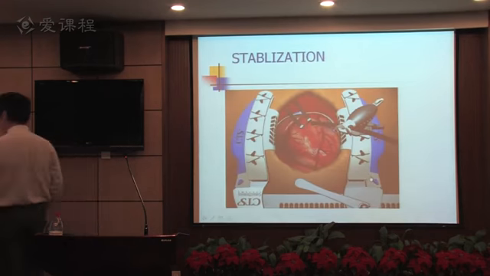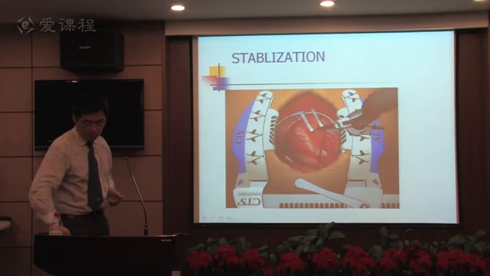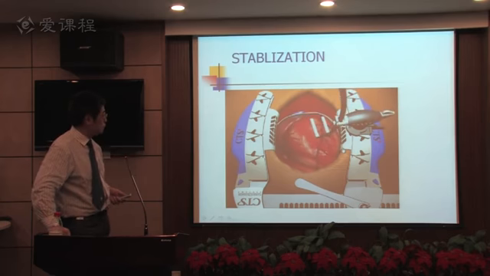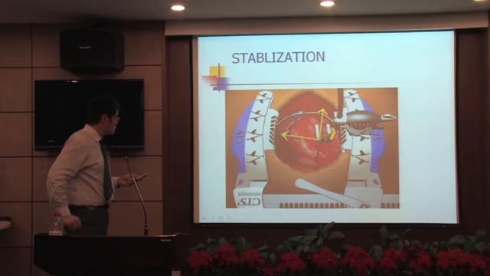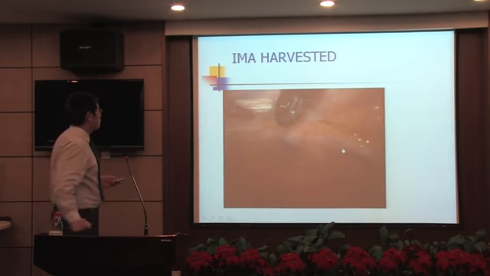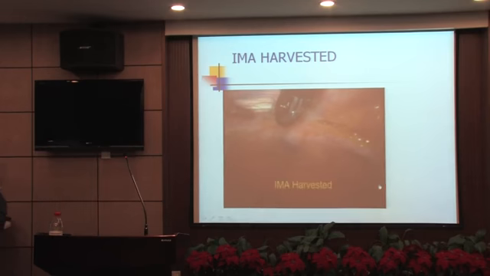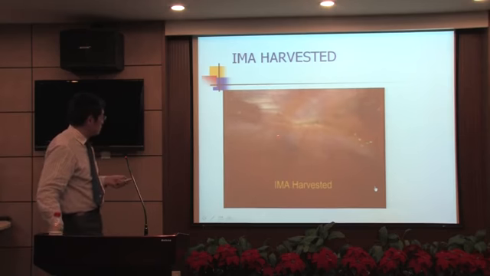And when we do CABG with the off-pump technique, we need a stabilization technique like this, so the local area of the beating heart can be somehow stable to make it easy to do the anastomosis. This is the IMA harvest. This is the vessel here.